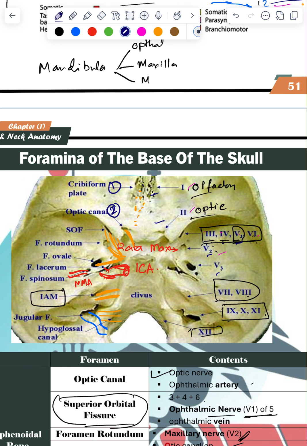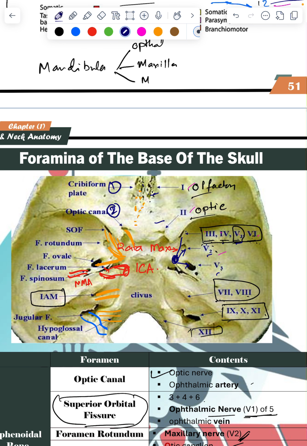V1 is the superior orbital fissure, V2 is foramen rotundum, max is maxillary, and the third division is foramen ovale. Wherever the trigeminal ganglion is sitting, it has three divisions, and these three foramina are arranged in the sequence: superior orbital fissure, foramen rotundum, and foramen ovale.